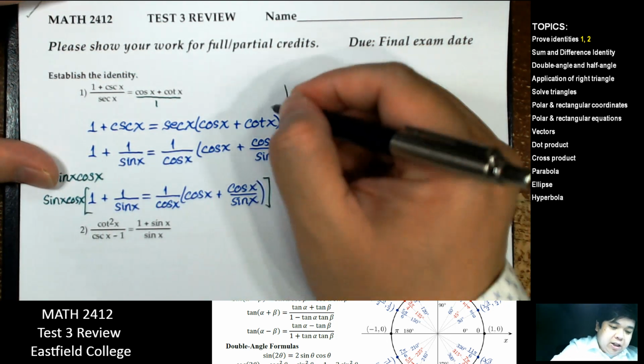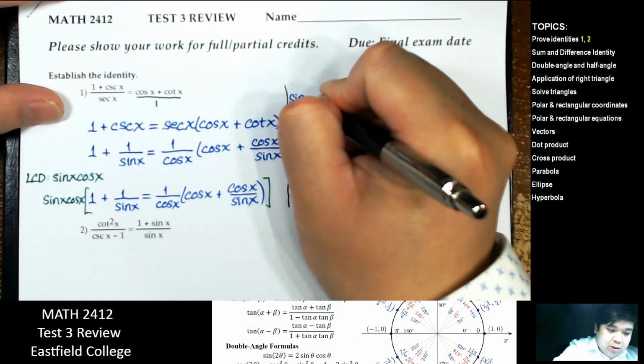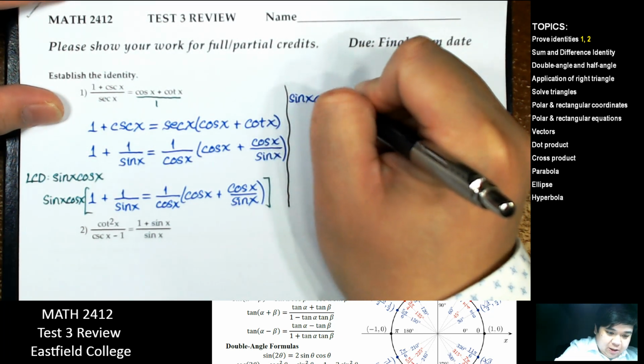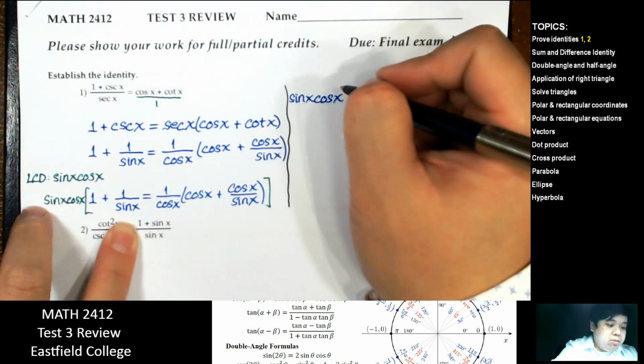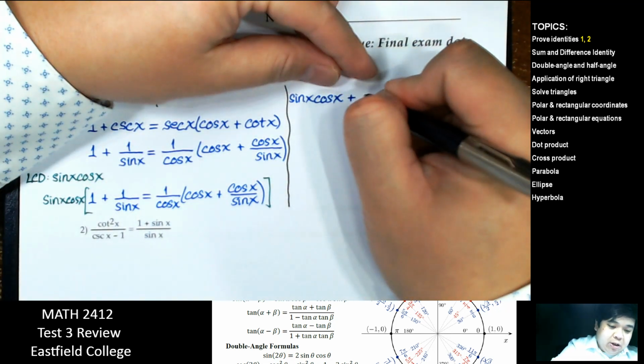And that gives us sine x cosine x plus sine x cosine x times sine x, we have cosine x.